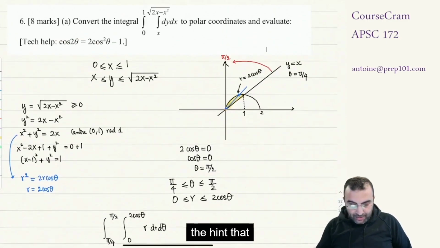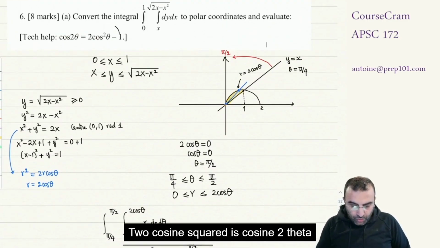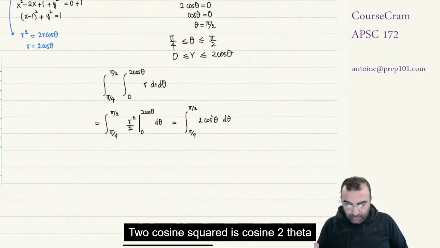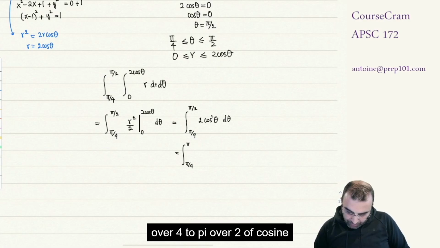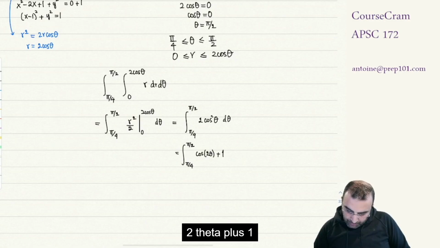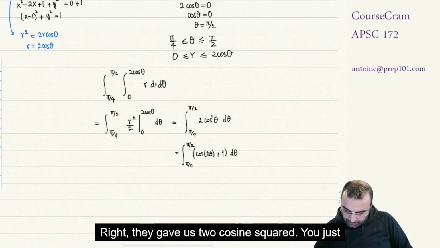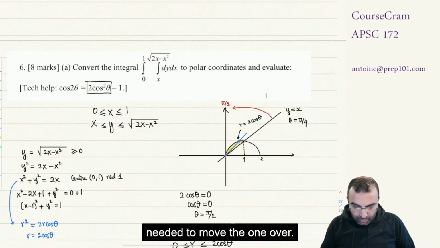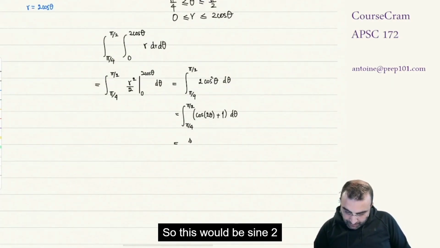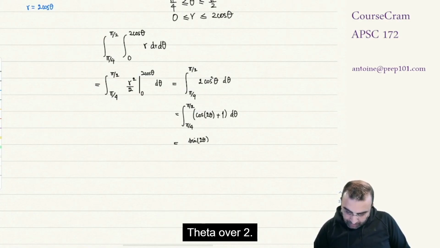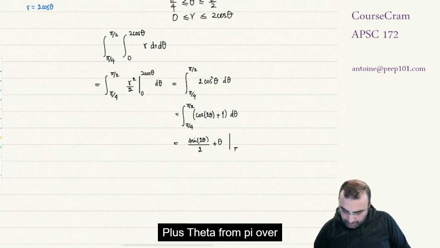They gave us the hint that 2 cosine squared is cosine 2 theta plus 1. So this is the integral from pi over 4 to pi over 2 of cosine 2 theta plus 1. Right, they gave us 2 cosine squared, you just needed to move the 1 over. So this would be sine 2 theta over 2 plus theta from pi over 4 to pi over 2.